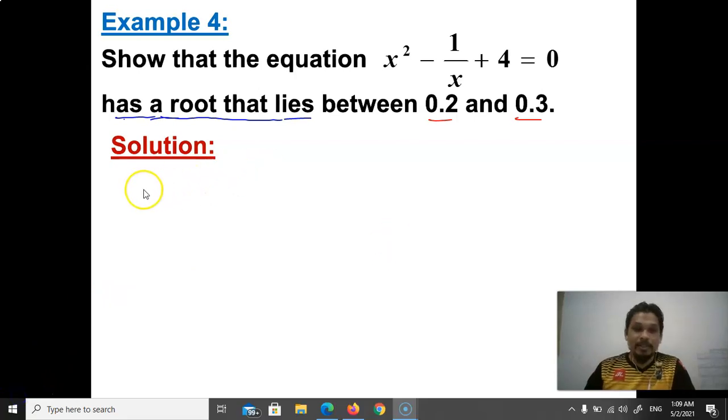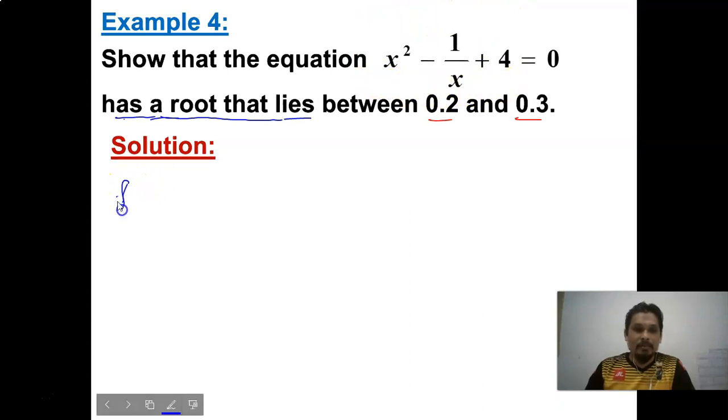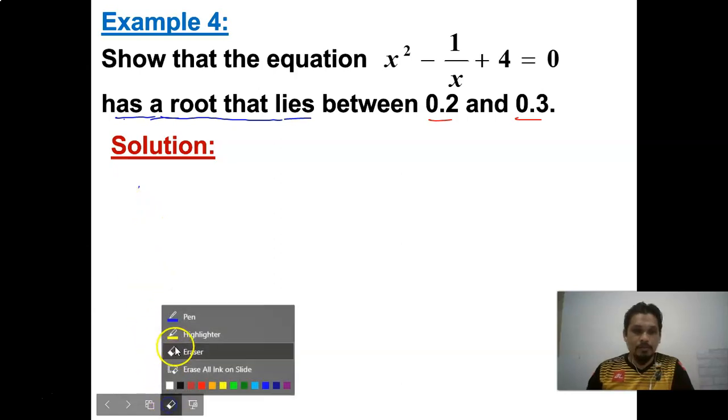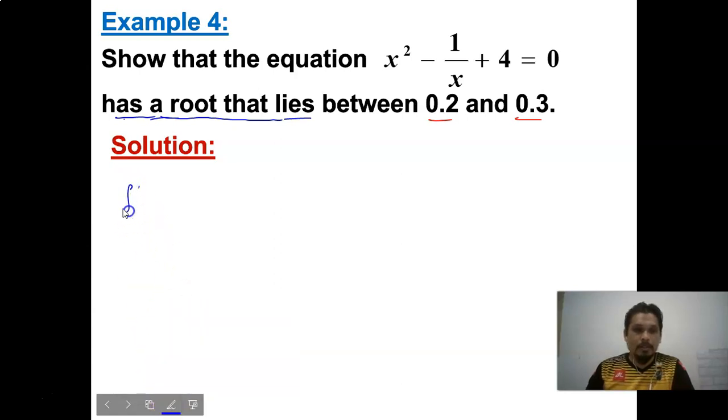Okay, so just imagine that I take this as f(x) equal to x squared minus 1 over x plus 4.